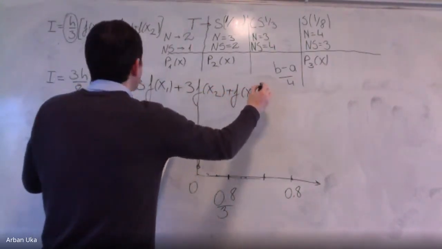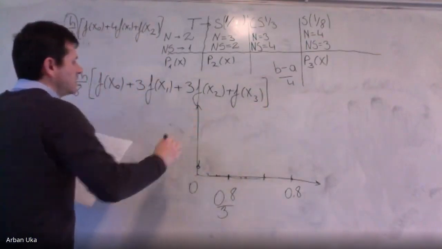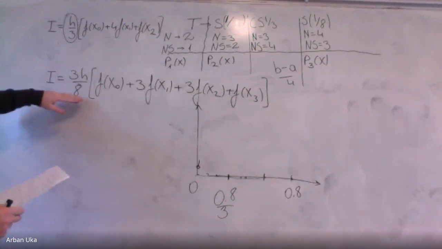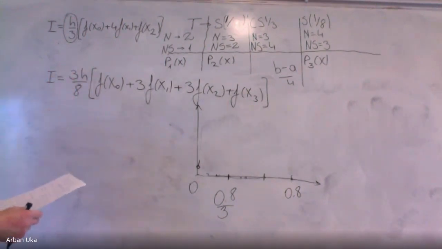So this is the fourth point. Okay? So this is the new Simpson numerical integration technique. And this 1/8 comes from the fact that here we have a factor 1/8.